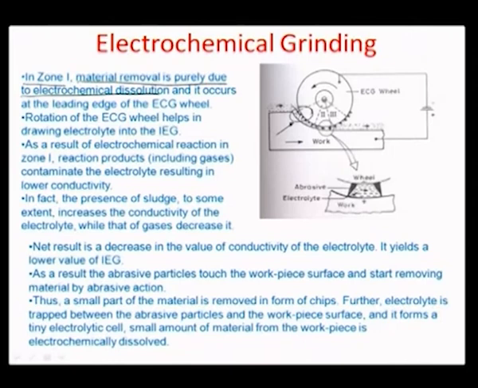So there is no mechanical abrasion as such in this particular zone. It is only the ion transport taking place between the workpiece surface and the tool surface, which is a conducting matrix with abrasive particles.